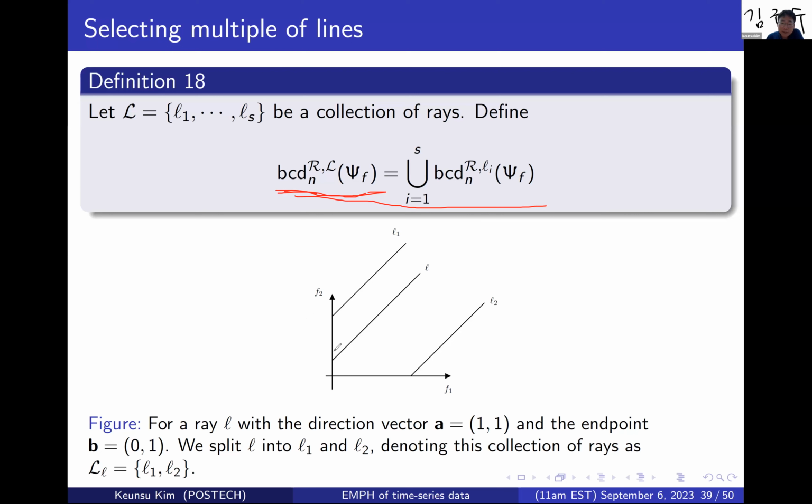We also proposed, given a ray, to split L into L1 and L2, because we want to give a different threshold to each parameter.